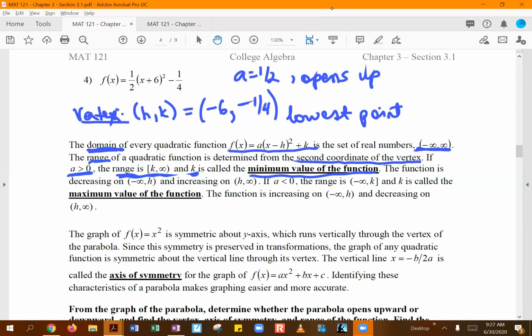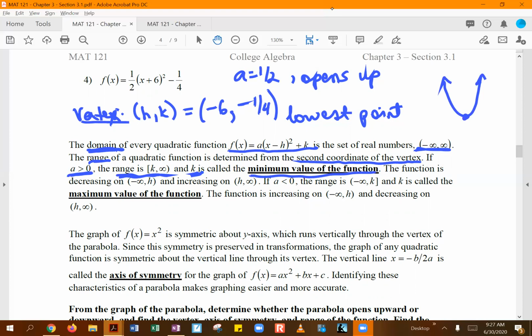And think about this. If your parabola is opening up, so let's do a rough sketch over here, then the vertex is going to be the lowest point, right? So if it's the lowest point, that means k is going to be the minimum value of our function.